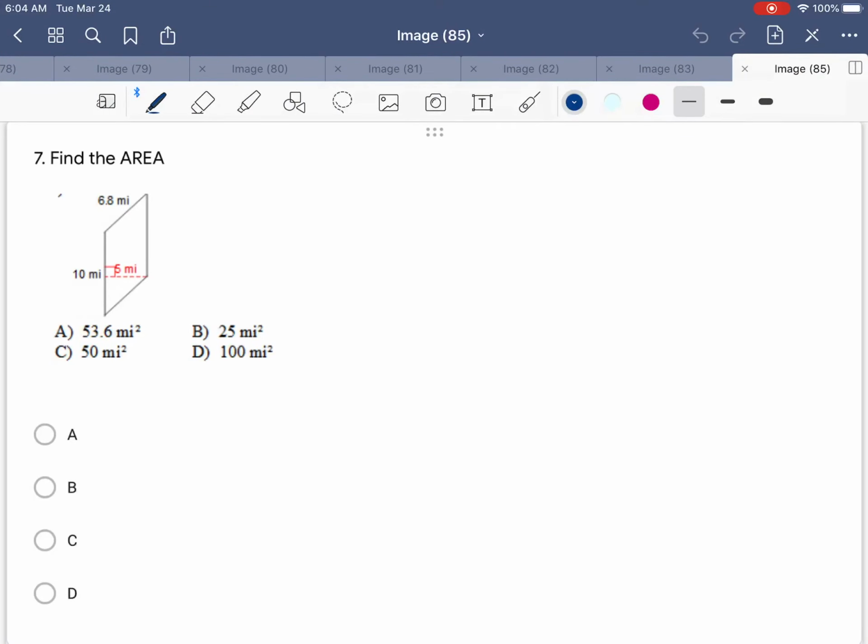Okay, number 7, find the area of this parallelogram. And on this one, again, we want to follow that formula. Area equals the base times the height. So on this one, it looks a little different, but again, nothing is very different as far as how it is.